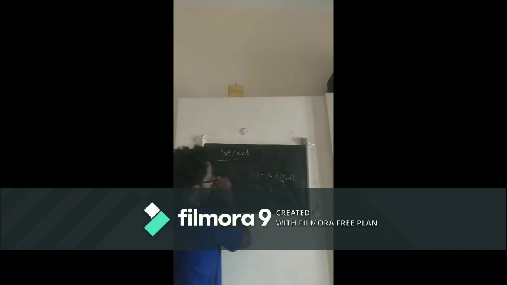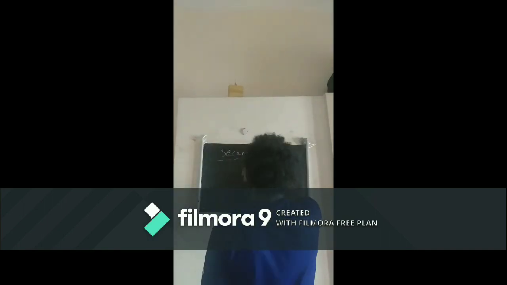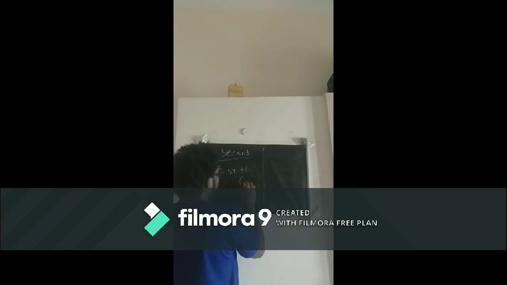So let us take one example. Let us see one example to understand more about the concept. The example is x cubed minus 3x plus 1, and the given initial points are 1 and 2.